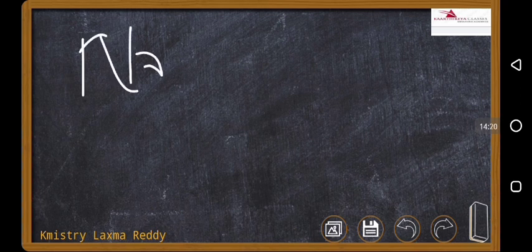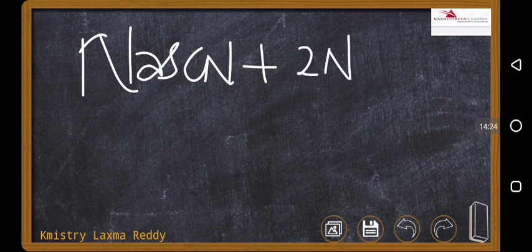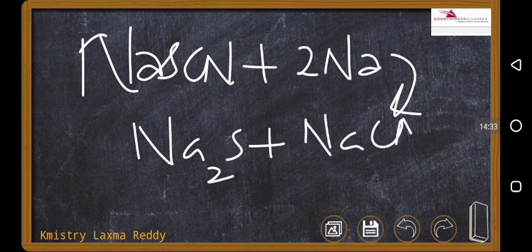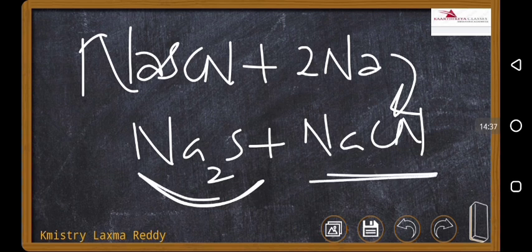But this is not good. So if NaSCN is formed, it is better to add more sodium so that it becomes Na2S and NaCN, and you can get the individual reactions for sulfur and nitrogen from these compounds.